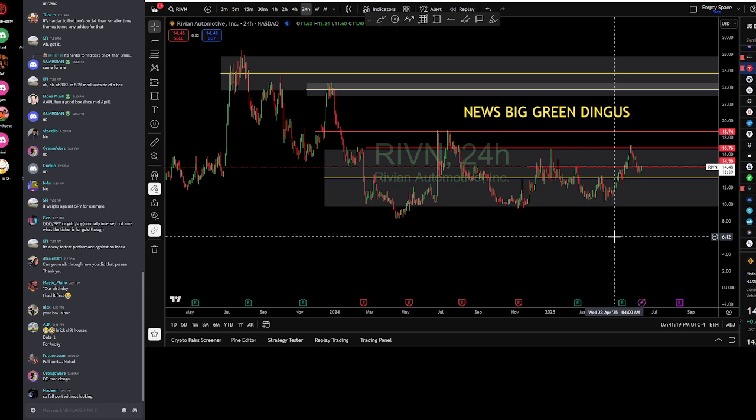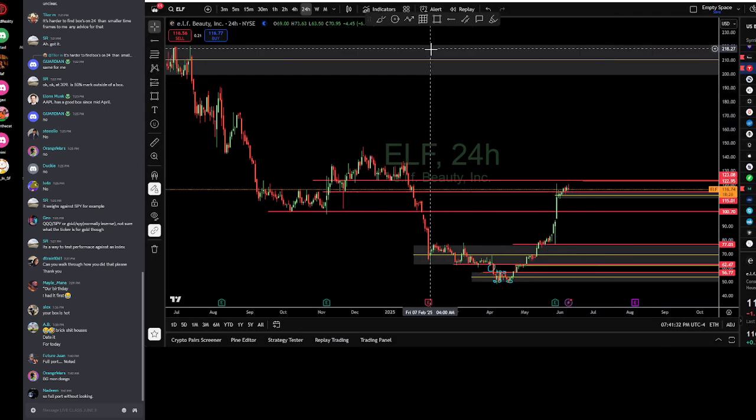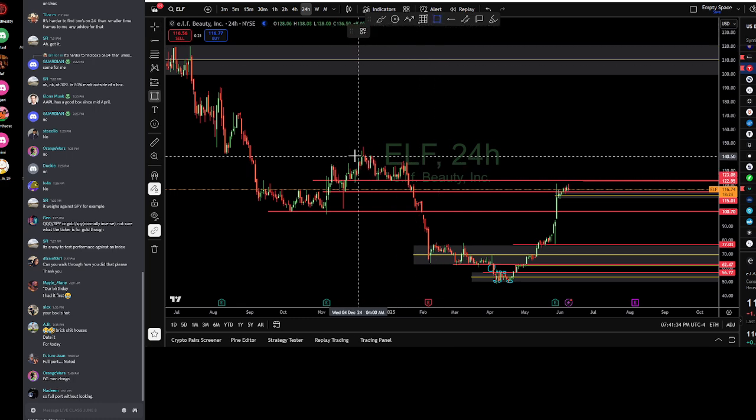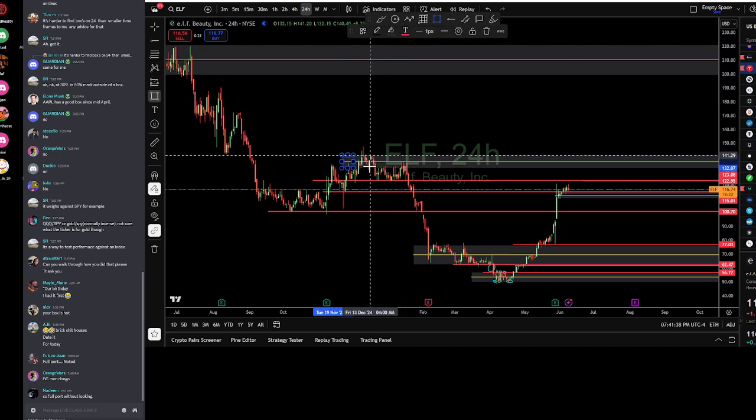So I just wanted to show you guys that, because that's another example of something that I'm holding because it's right there. It's going to happen. On Elf, I look at what it has going forward. You've got a little small box there, a box technically that you punch through to the downside.